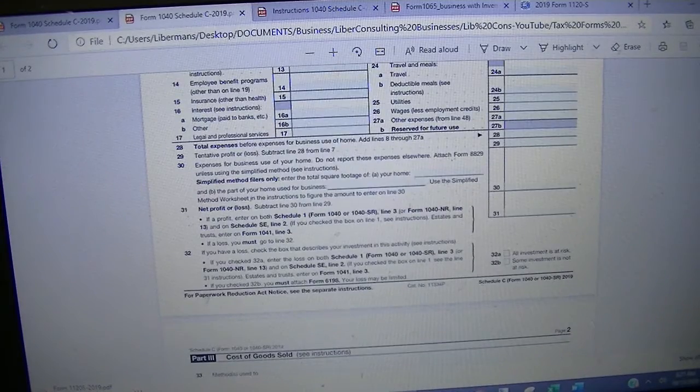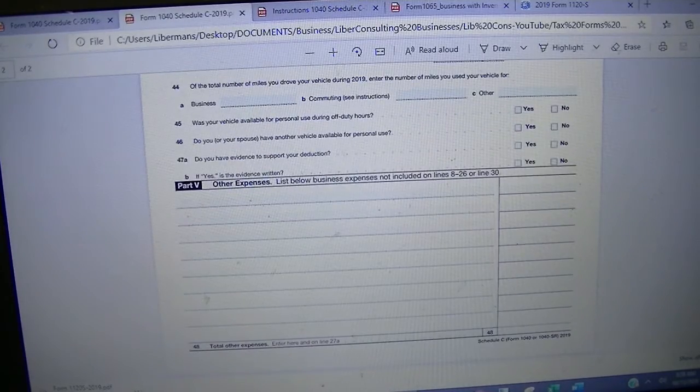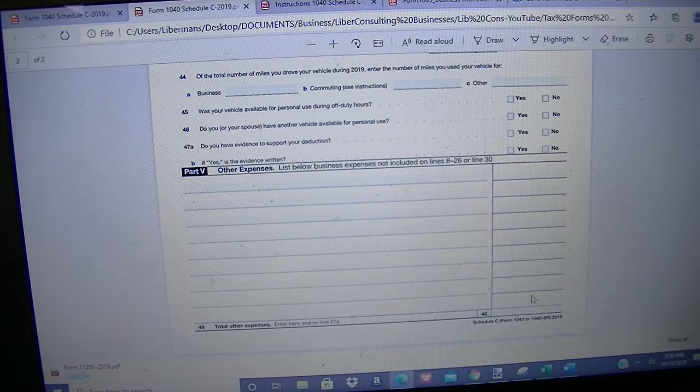So our third option, let's go past cost of goods sold to part 5, other expenses. So you could easily put your credit card interest expense here, $200, if you are still using that example. If you use it for multiple, like in multiple categories in your business, and you wanted to deduct it fully that year, yeah, you could just put it here as well, and the total will be on line 48, total other expenses, enter here and on line 27A.